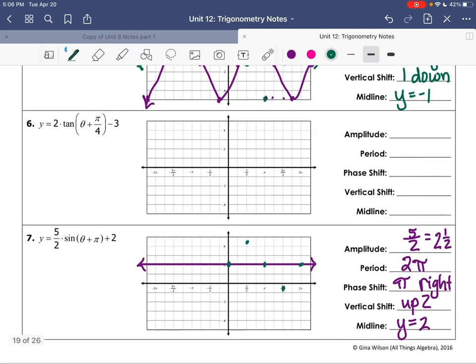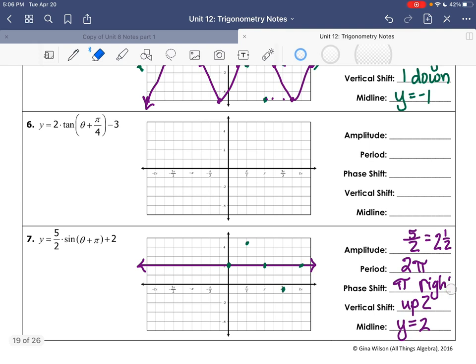No, left. Gosh, I'm having trouble with this left and right. So we're going to move everything left a whole pi. A whole pi is all the way from here to here. So it's 1, 2, 3, 4 blocks is a whole pi.